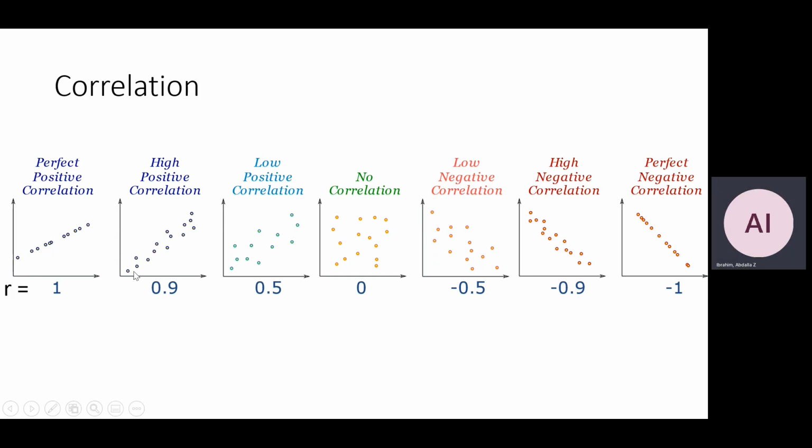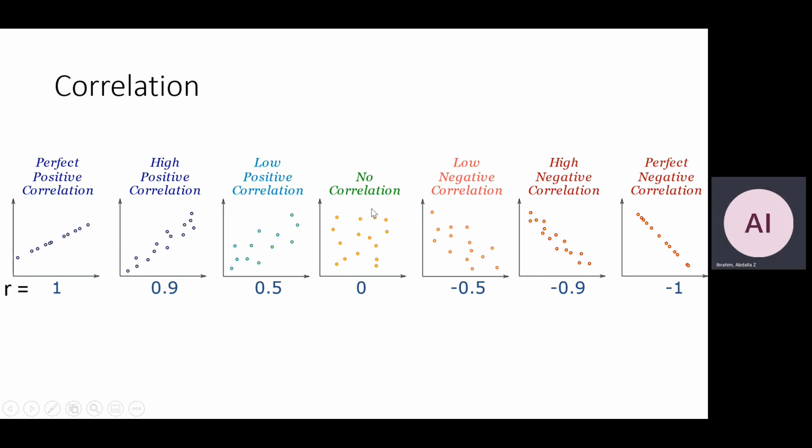These are still positively correlated, 0.9, a little less. And here there's no correlation, so any change in X does not predict the change in Y. These two variables are negatively correlated, negative 0.5, negative 0.9. And these two have a perfect negative correlation, with a value of negative 1.